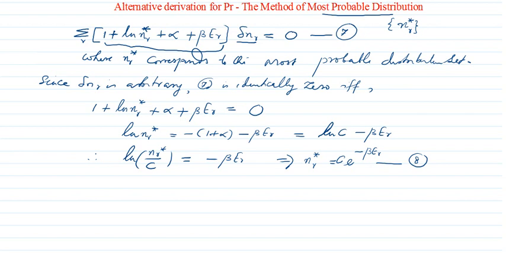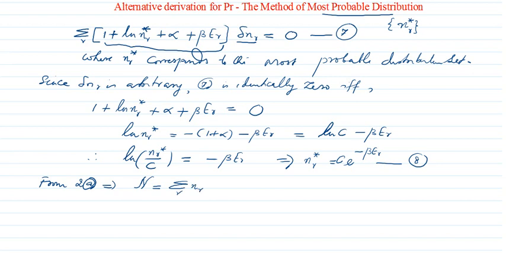Now from our condition 2a, which was one of our constraints, we had the equation that N, the total number of systems in the ensemble, was written as the sum over r of nr. That is the first constraint to be satisfied, right?